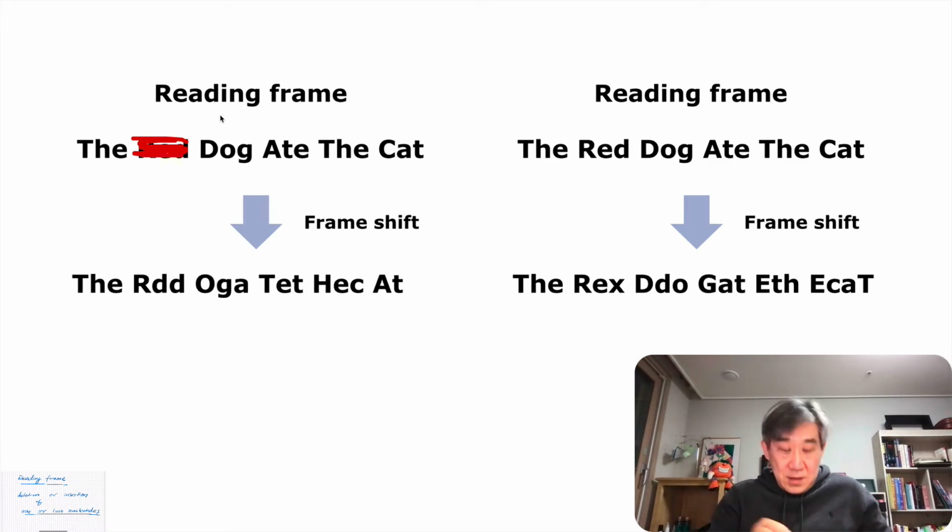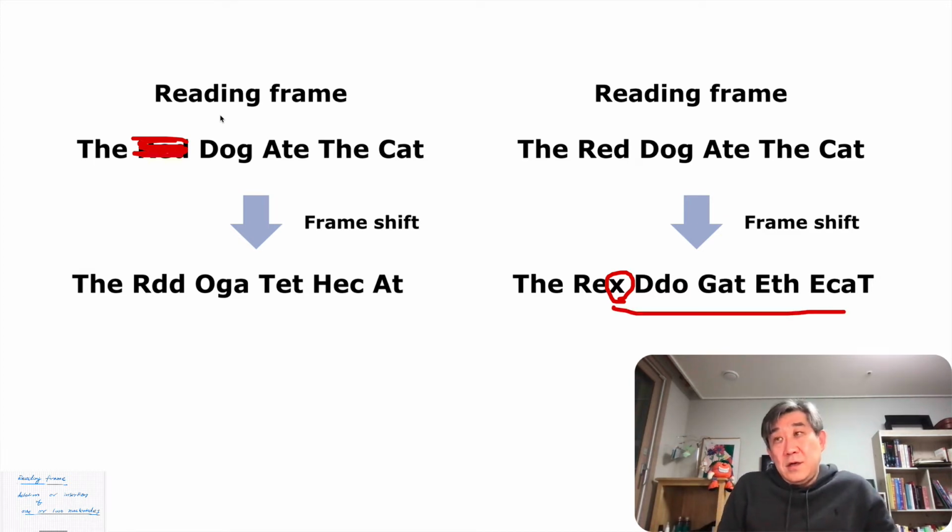So here, the new letter X has been inserted. Now the original reading frame has been shifted by one, and afterwards the whole reading frame does not make sense at all.